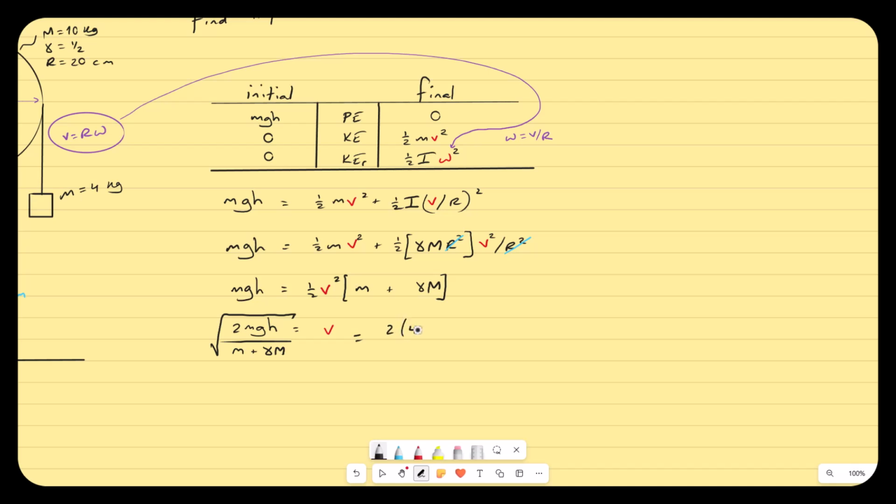2 times 4 kilograms, 10 meters per second squared, 5 meters. And on the bottom, I get 4 kilograms plus a half times 10 kilograms, all under a square root. 2 times 4 is 8, times 5 is 40, times 10 is 400 on top.